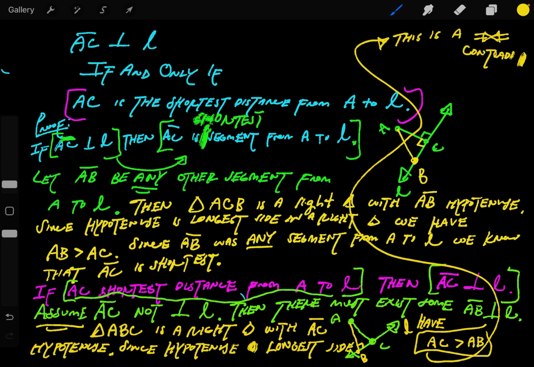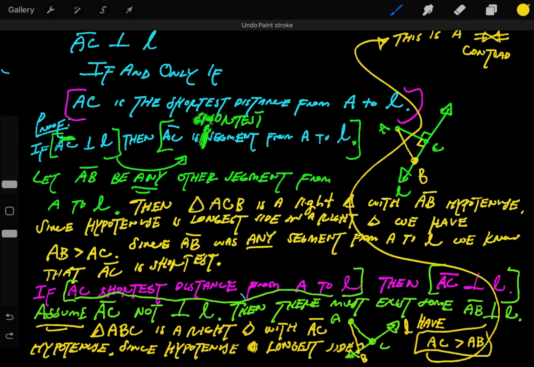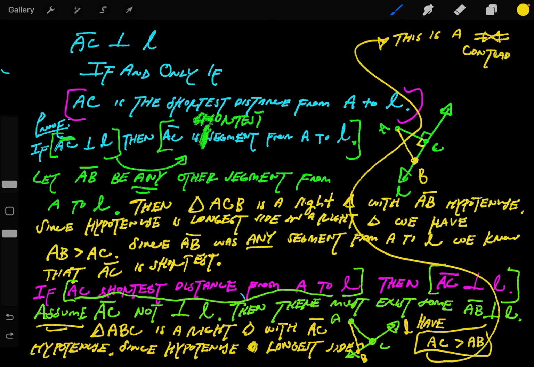And you want a contradiction when you assume something that you want to show being false. This is a contradiction because we know that AC is the shortest distance from A to L. So there's no way that AC, the distance between A and C, is greater than the distance from A to B, since AC is shortest by what's given.